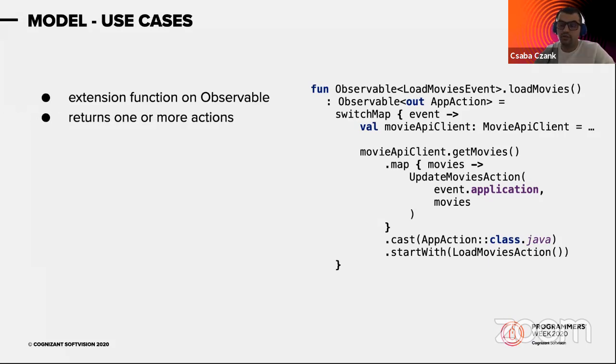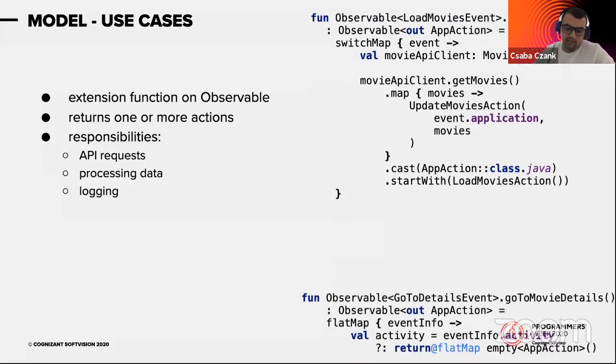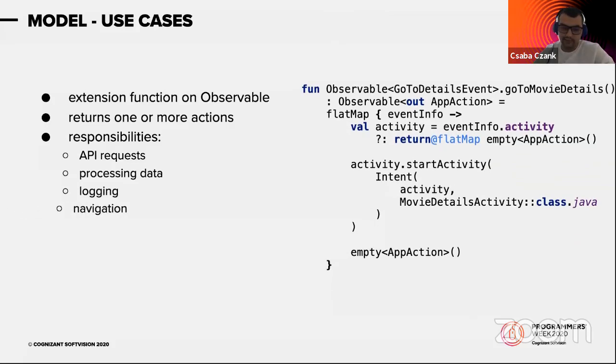It may return one or more actions. Its main responsibilities are to make API requests, to process data, to log information, and to navigate. In some cases, such as navigation, if there is no need to change the current state, we may not generate any action.